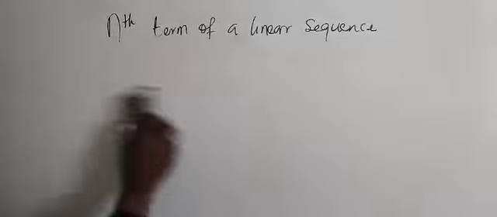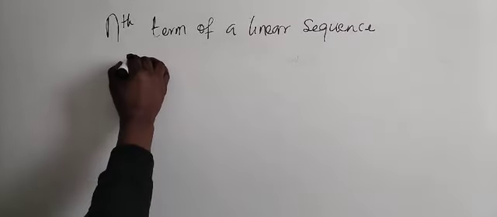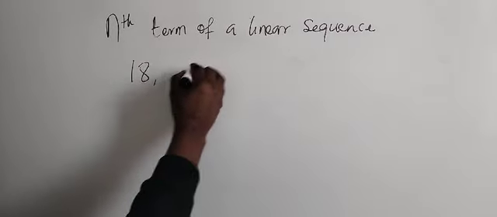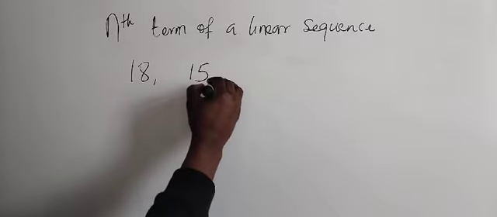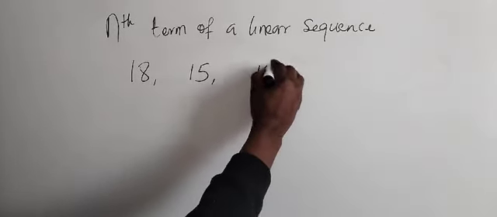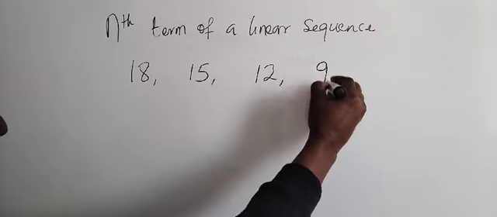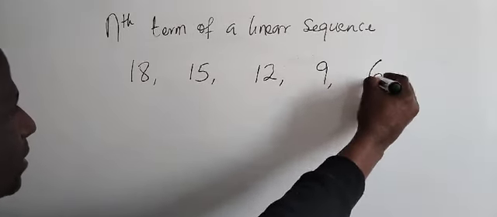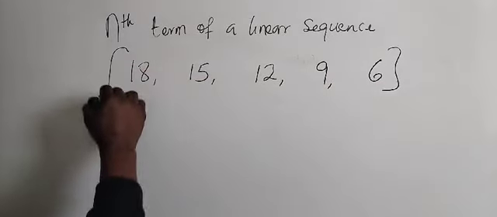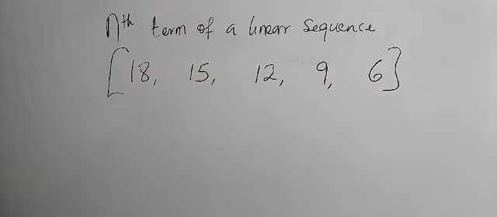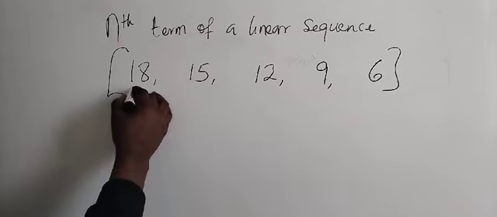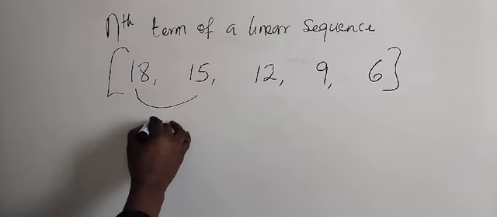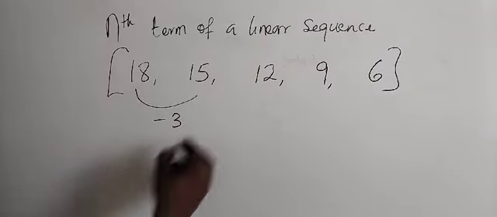Let's look at this: 18, 15, 12, 9, and 6. The first thing we need to check before we can find the nth term of this sequence is the difference from term to term. And you can see that this is going down by 3.